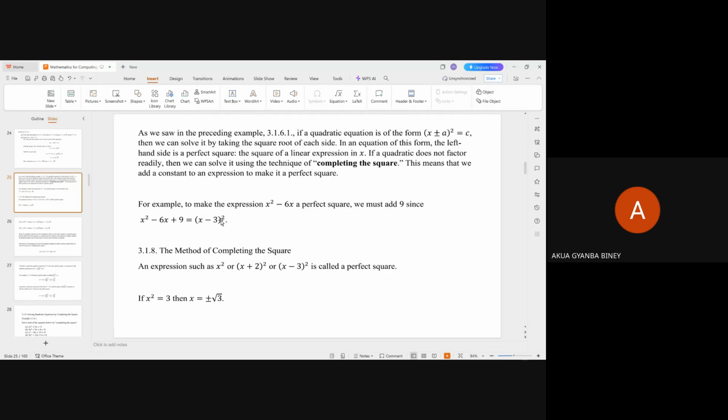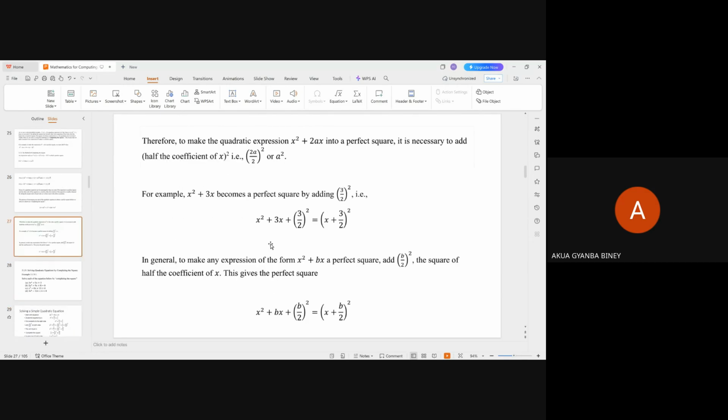Because you have seen the 3 here, it was easy for you to say 3 squared, but from here, this is where we add the 9 to it. It is this b, the coefficient of x, all squared. Please don't forget this process.